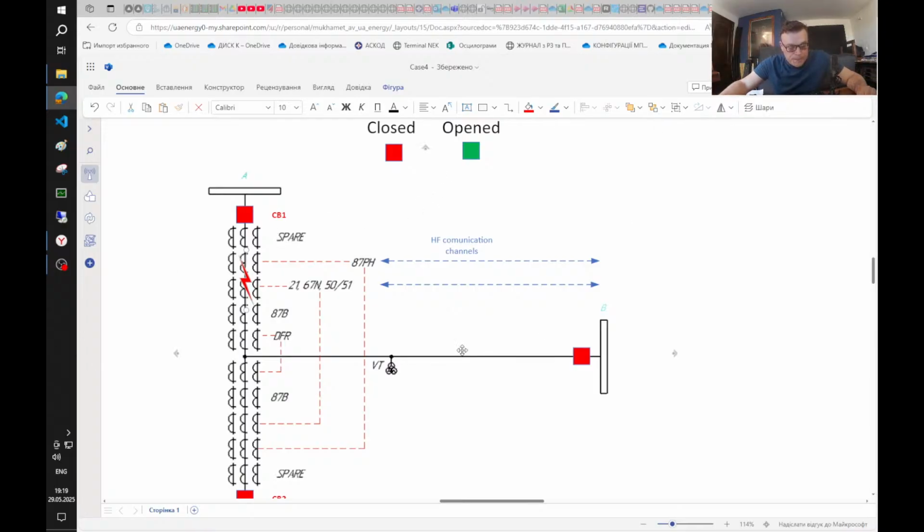We have two records, from the substation A side, but also from the substation B side. I can't say exactly in which core the short circuit was, but I believe the short circuit was somewhere near the spare core.